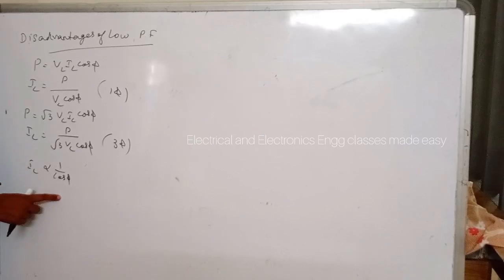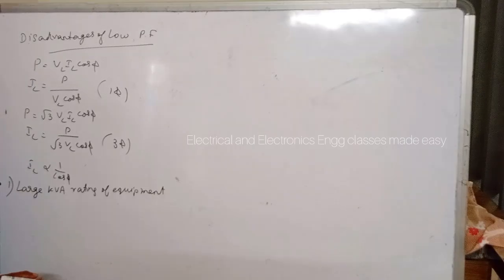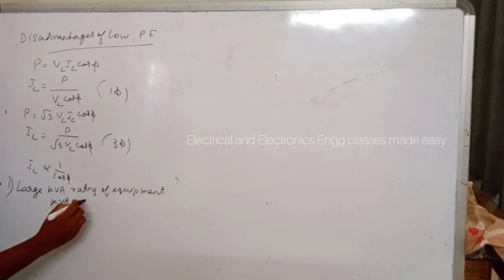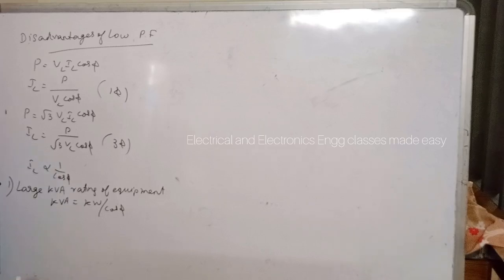So a power factor less than unity results in certain disadvantages. Let us check what are the disadvantages of low power factor. The first one is large kVA rating of equipment. That is, we have kVA is equal to kW divided by cos phi.